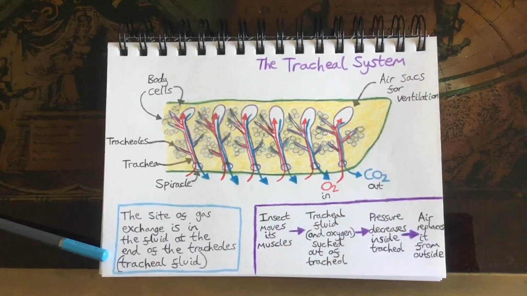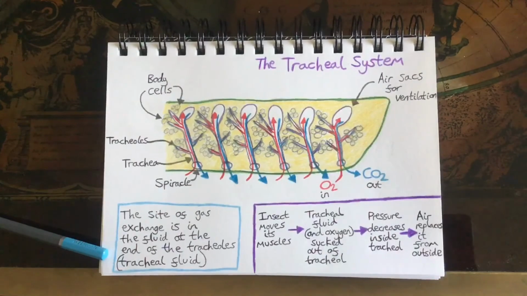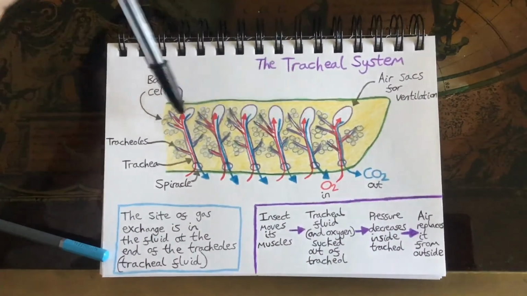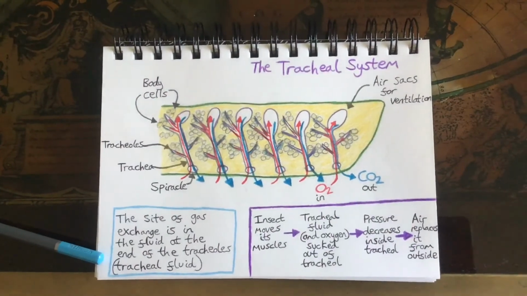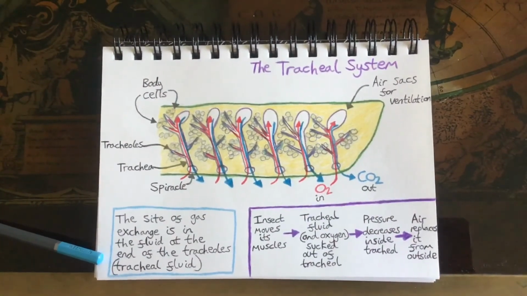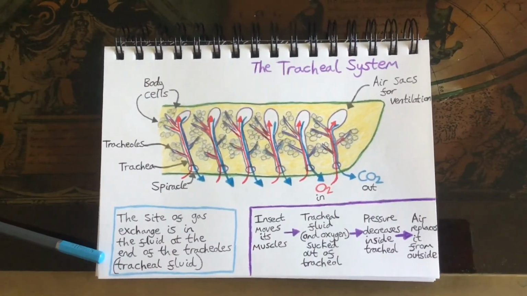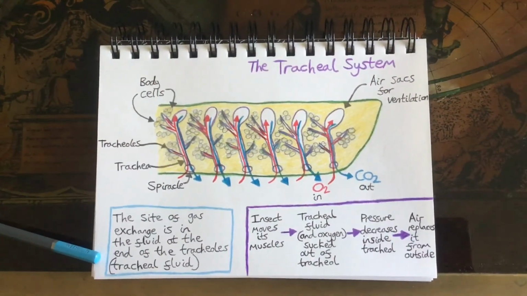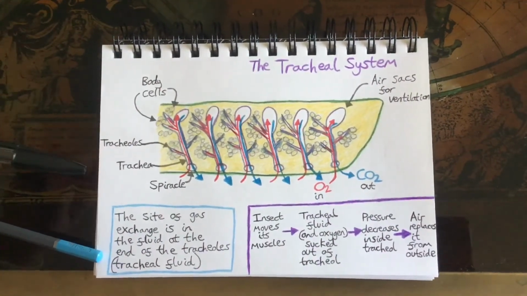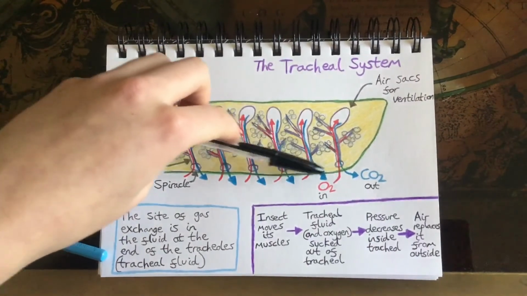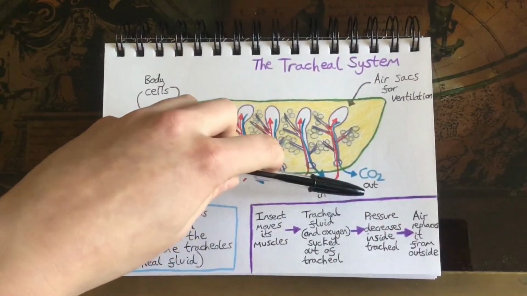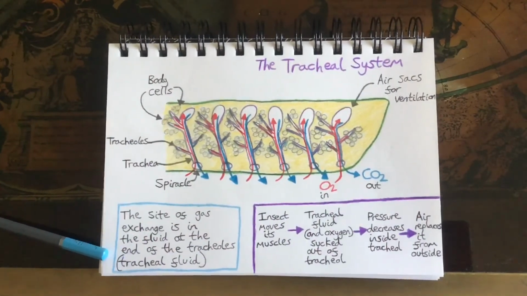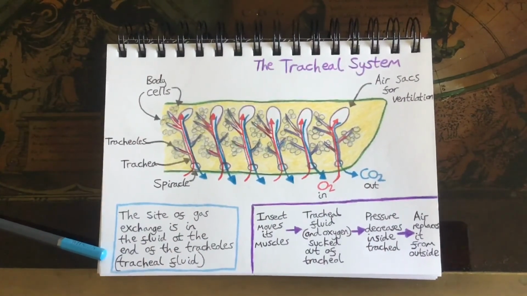And what they can do is, because the tracheal system is all connected, even though I haven't drawn it on, it is all connected. The front spiracles in the thorax will open for oxygen to move in. And then the rear spiracles in the abdomen will then open for CO2 to move out. So they've got a more advanced system, but you don't actually need to know about that.